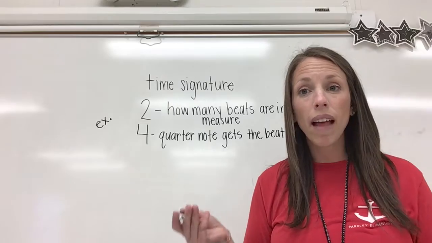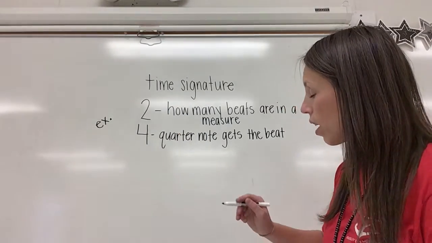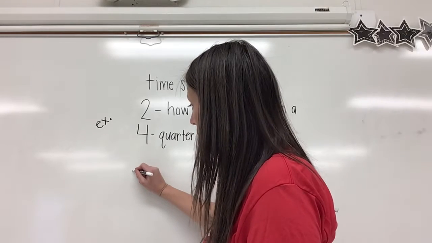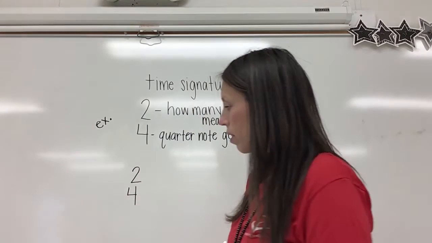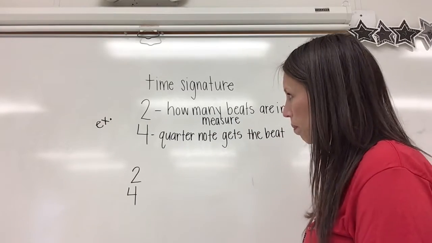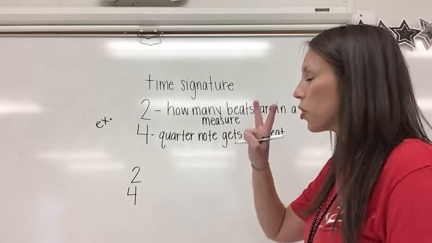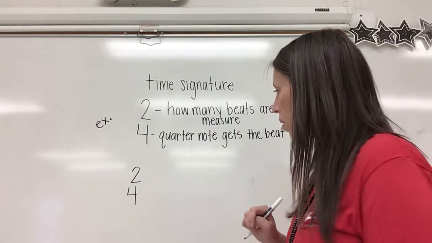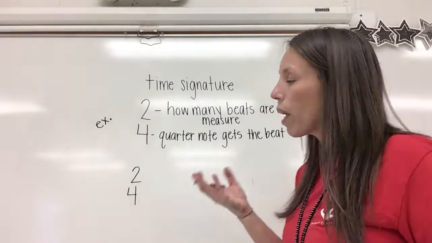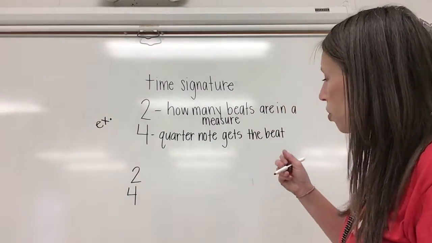So, let's compose for a 2-4 time signature. So underneath, let's rewrite our 2-4 time signature. So, remember, we can only have 2 beats per measure. So, we know about some notes that we could use to compose.